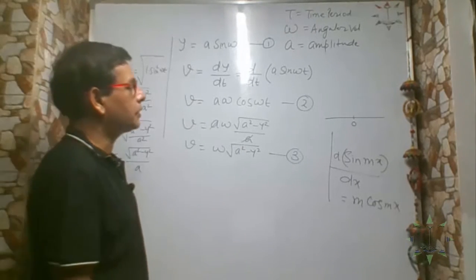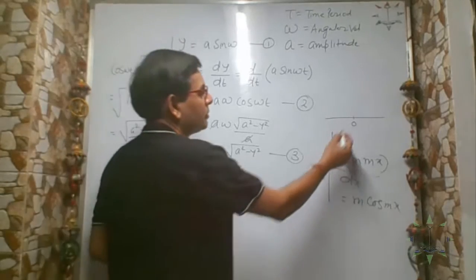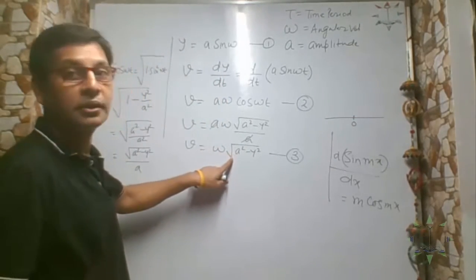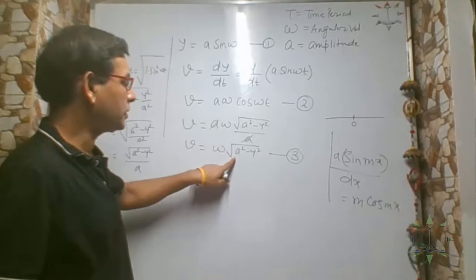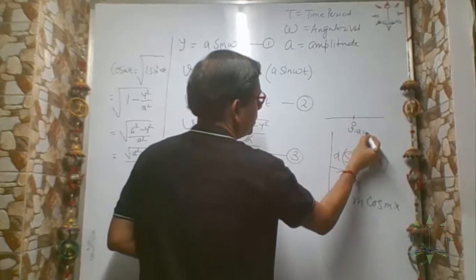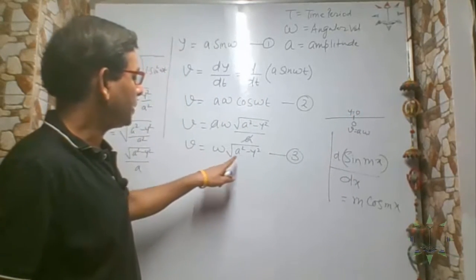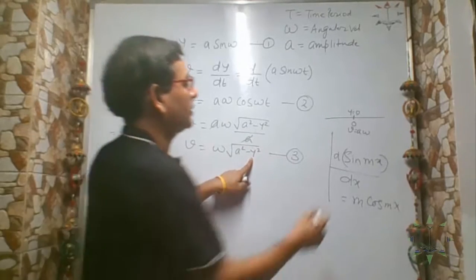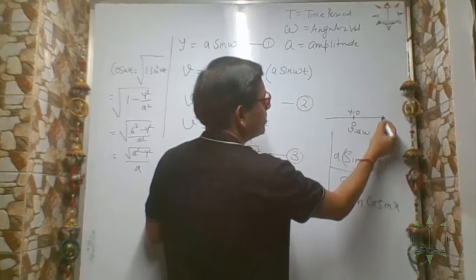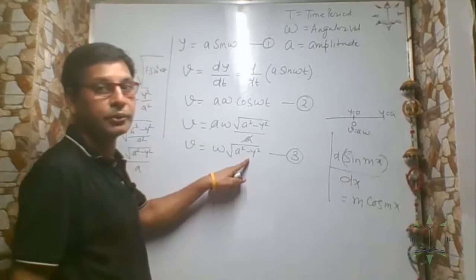From this equation we can see, at y equal to 0, that is when it is at the mean position, the velocity is root over a square times omega, which is a omega. When the displacement is equal to the amplitude, put y equal to a here.